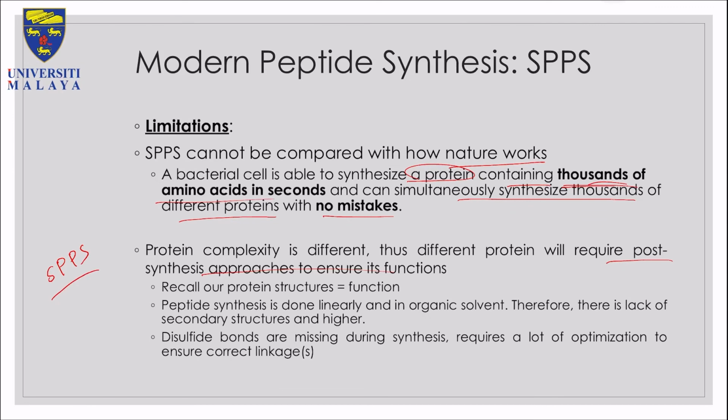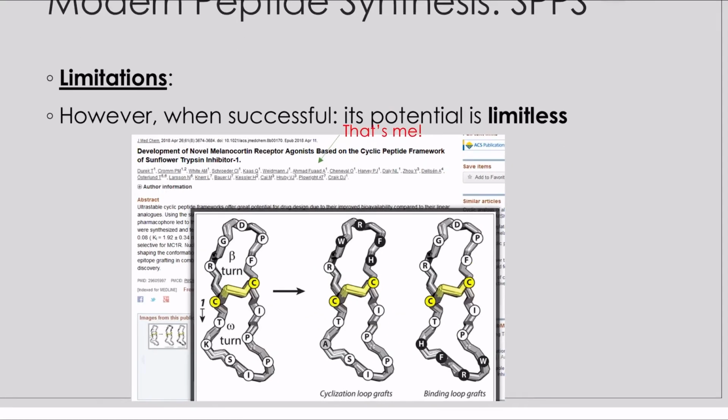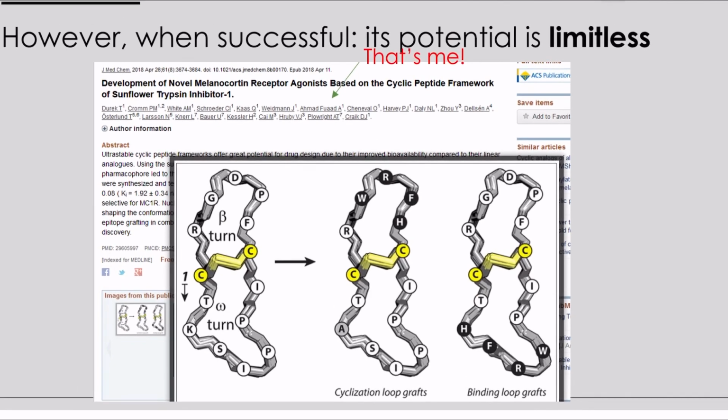Okay, as an example, this is one of the works that I've completed back in Australia. It was published in 2018, about 3 years ago, and we are currently publishing the other one, the most updated version. Hopefully, it will get accepted soon.